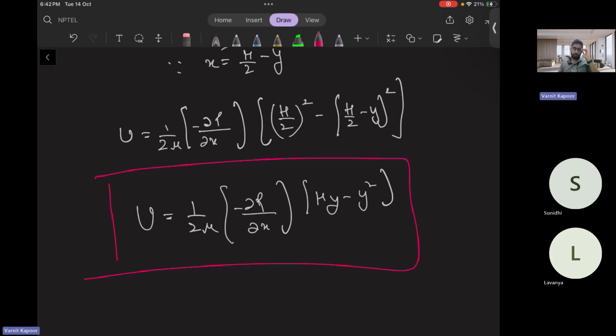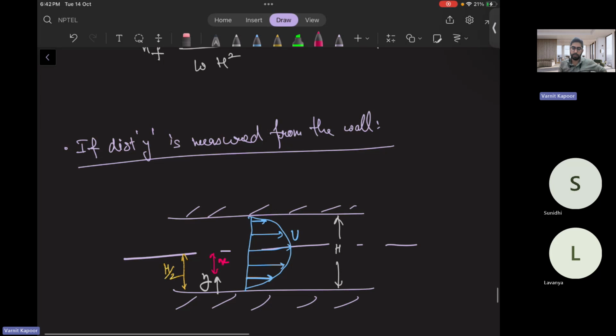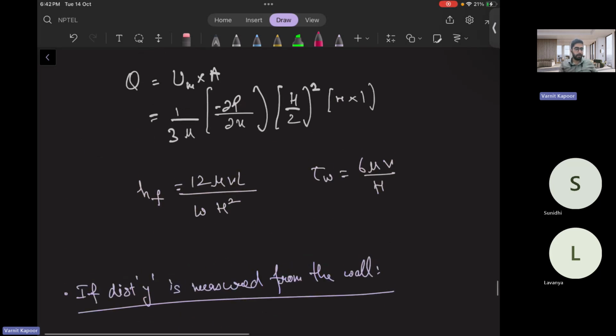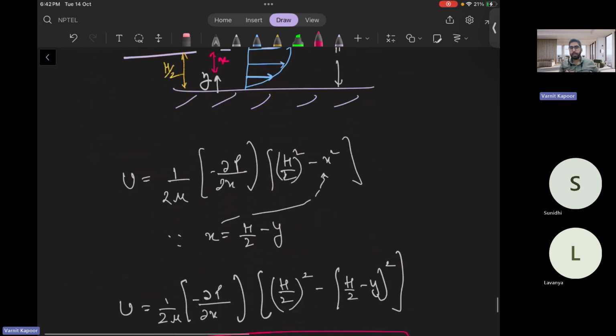Okay, clear? Now you can get the u mean and all that from the same above relations. Now this was your relation for plane Poiseuille flow between the parallel plates.